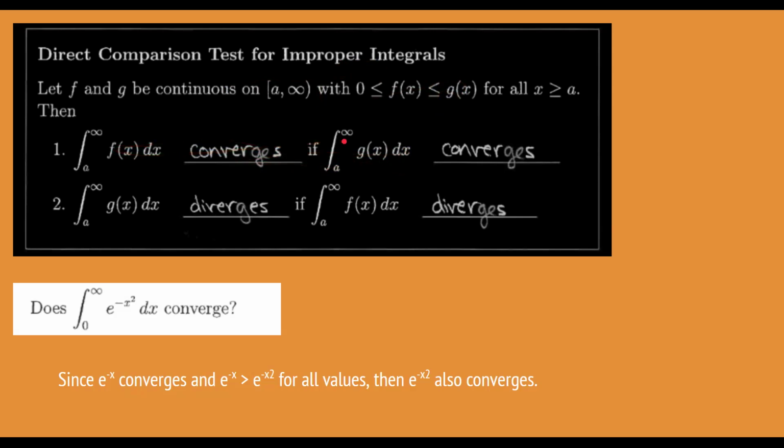So if g converges, f converges. And if f diverges, g diverges. Sorry, that's a little bit strange because it's almost backwards here, but f converges if g converges, and g diverges if f diverges. And that's only if g is always greater than f.